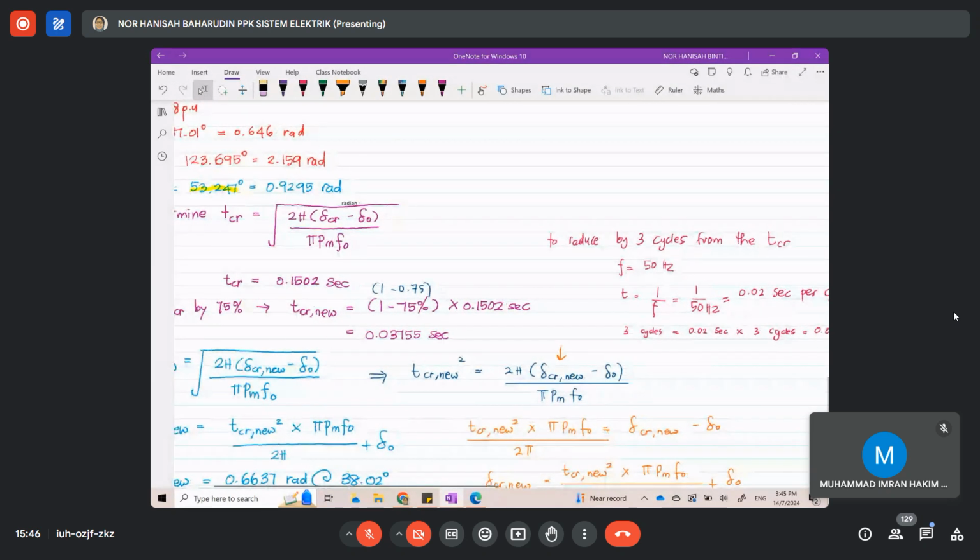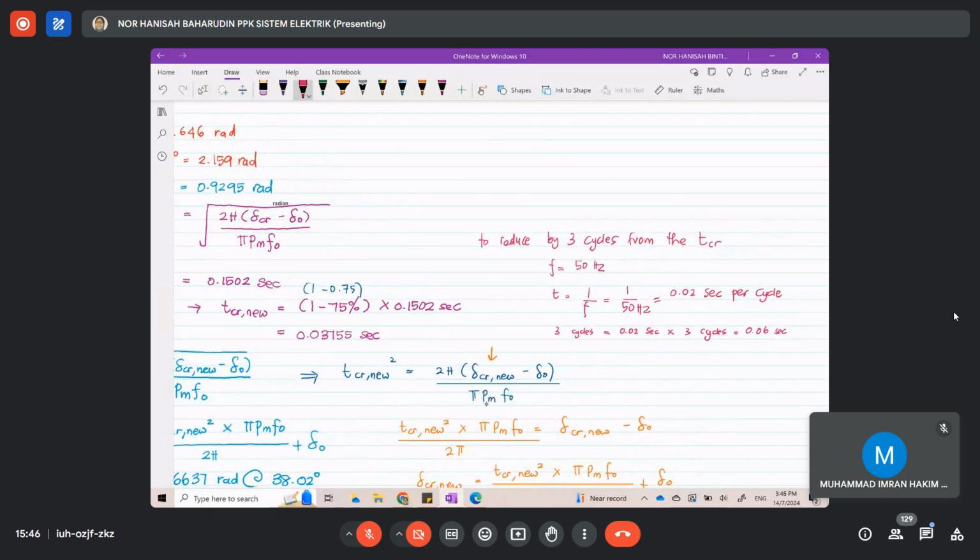So from here, your TCR new should be 0.1502 second minus 0.06 second. This is your TCR new. I hope that you can follow, and then once you get this value, you can substitute into this equation here to find your new critical clearing angle.